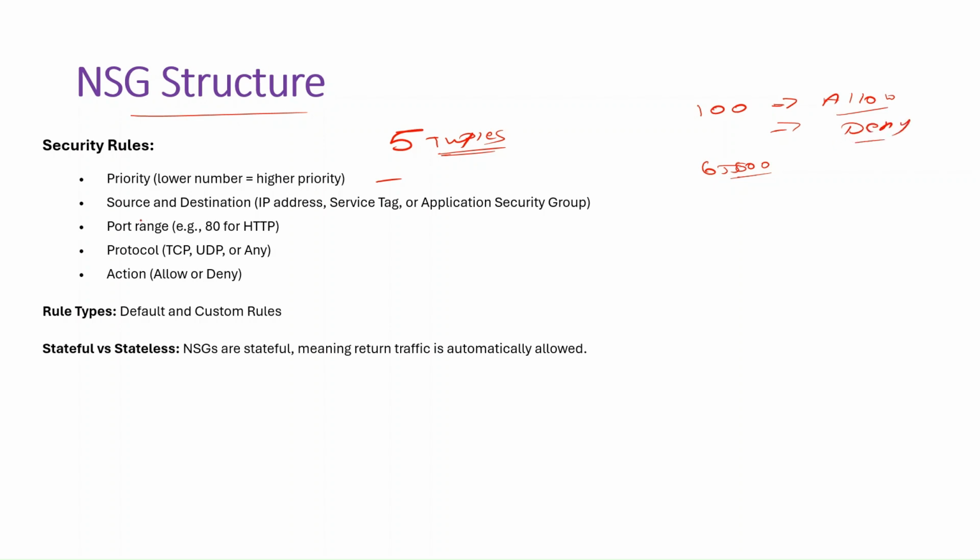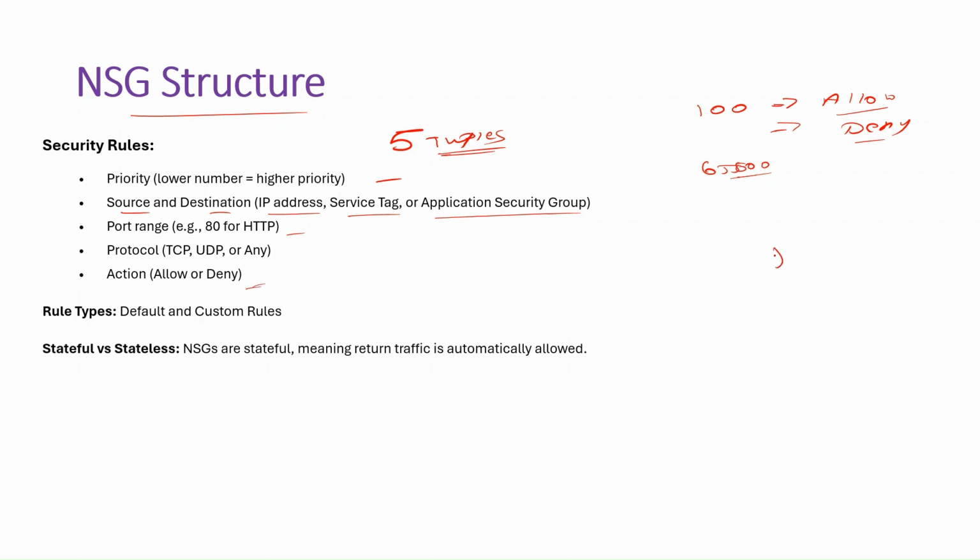The second is source and destination. Here you can mention whether the source is an IP address, a service tag, or an ASG, application security group. You can define the source port and destination port, and also your protocol, and either allow or deny as the action.